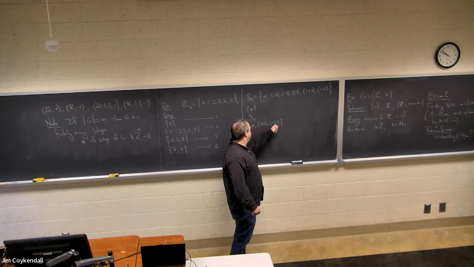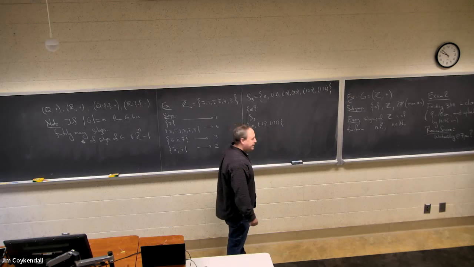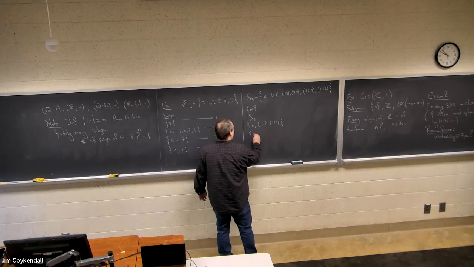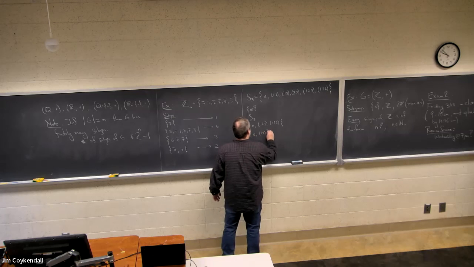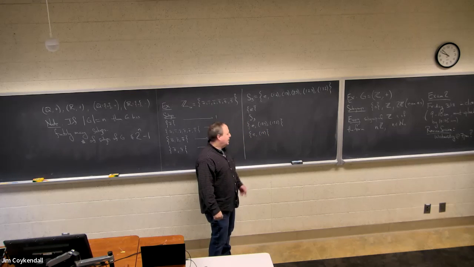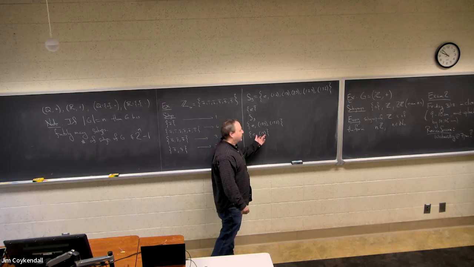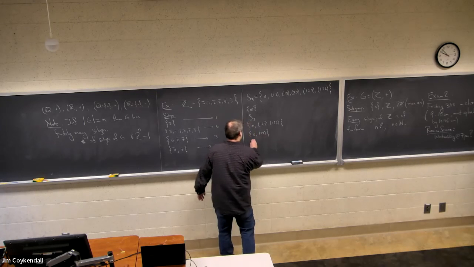And this times this is this, and this times this is that. So it's a little subgroup. Here's another one. That's almost silly as well, because notice this is its own inverse. This times this is the identity, so this is a little subgroup. But there shouldn't be anything special about (1 2).